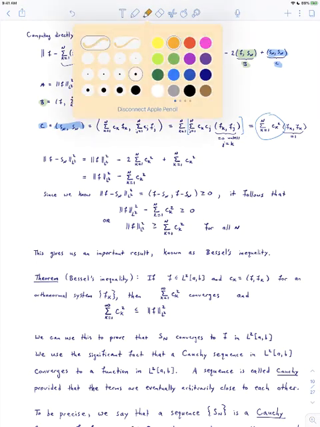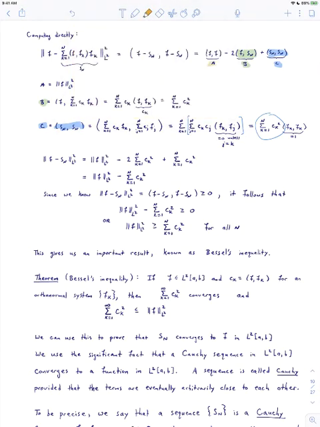We're computing the L2 norm squared of f minus its partial sum. So f minus its partial sum, L2 norm squared, is equal to A, which is the inner product of f with itself. So that's this one right here.